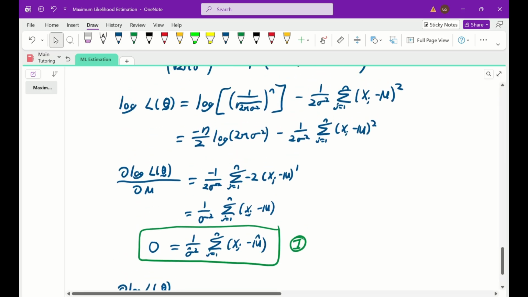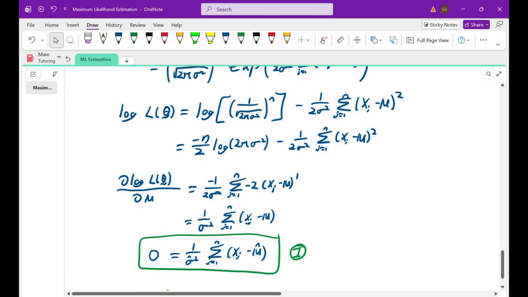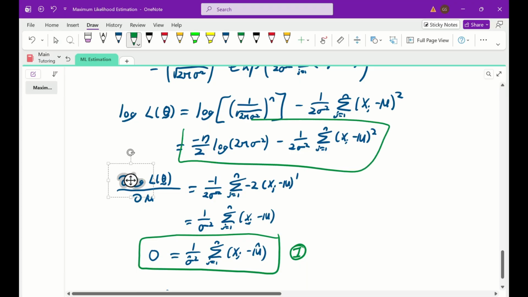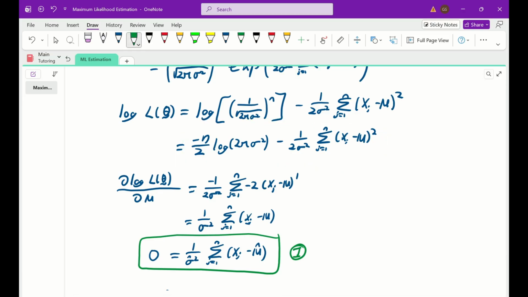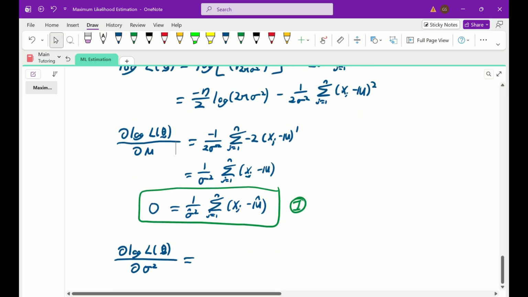Okay, so let's go back to the equation. We're deriving with respect to sigma squared. So this is the log likelihood. And to derive with respect to sigma squared, there's a sigma squared in here. So what's the derivative of that going to be? There's a constant out the front, that just stays, the negative n over 2.